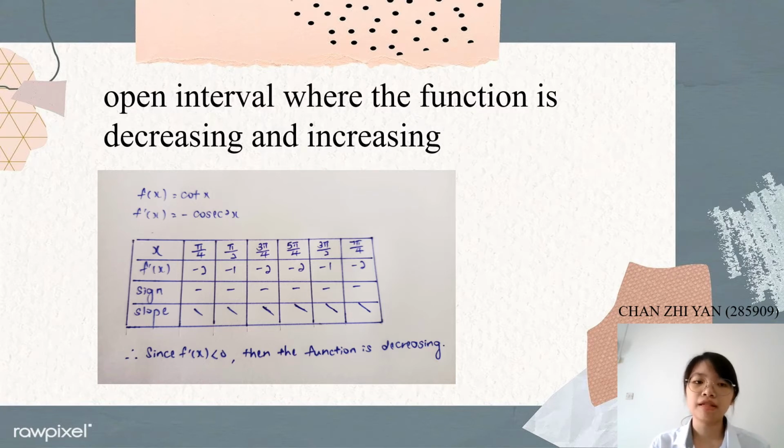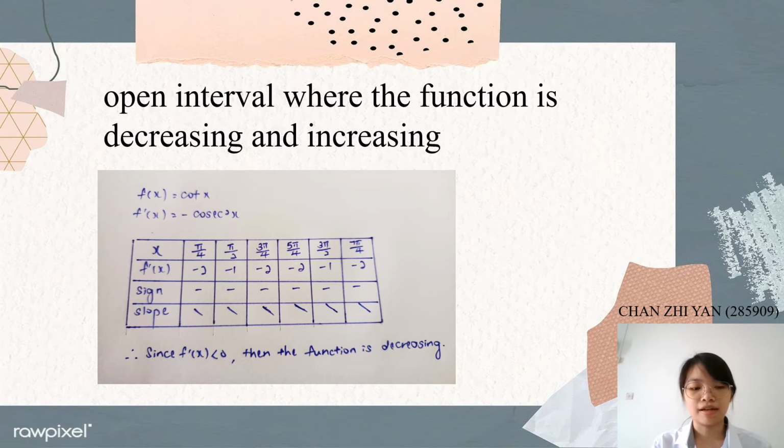We will do the first derivative test to find the open intervals where the function is decreasing and increasing. When f(x) equals cotangent x, f prime x will equal negative cosec squared x. Since 0, pi, and 2 pi are vertical asymptotes, we will take the ranges between the vertical asymptotes as x values. For example, between 0 and pi, we will take pi over 4, pi over 2, and 3 pi over 4 as x values and substitute into f prime x.